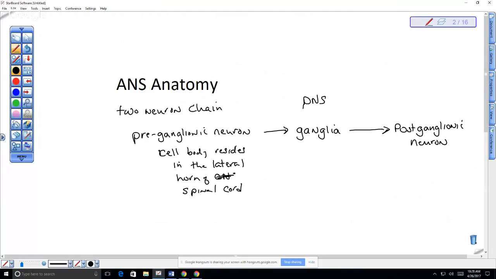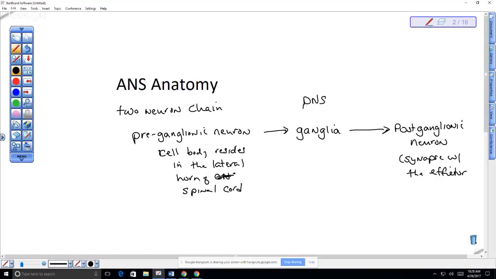This is what synapses with the effector, like the stomach muscles, the muscles that surround your blood vessels, or excuse me, the glands: the lacrimal glands in your eyes, your salivary glands, your adrenal glands. Okay, so that's the postganglionic neuron.